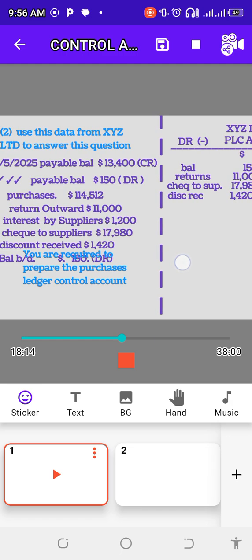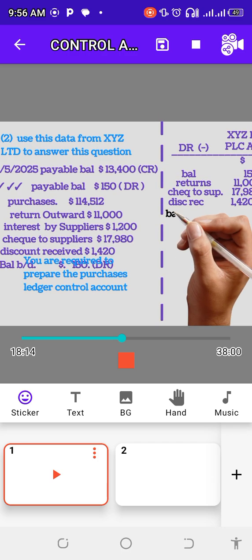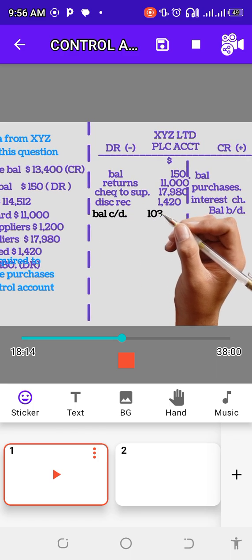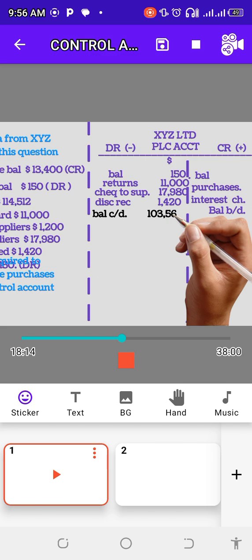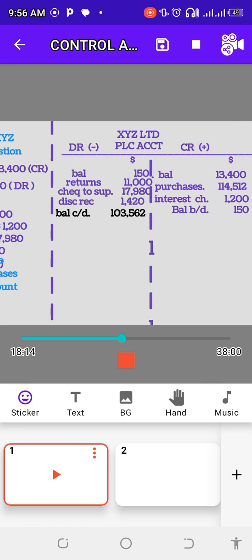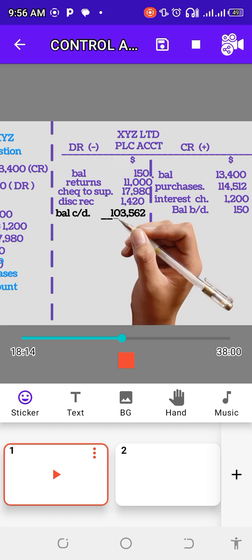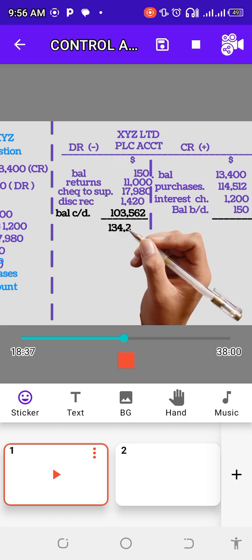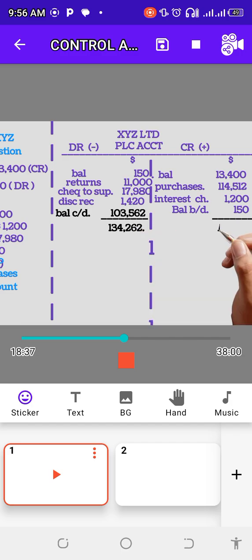Check by suppliers is already posted. Then discount is there. Then balance brought down by the debit side is the difference between the debit side and the credit side. That is the actual amount payable. Then you also bring out balance brought down in the question on the debit side.